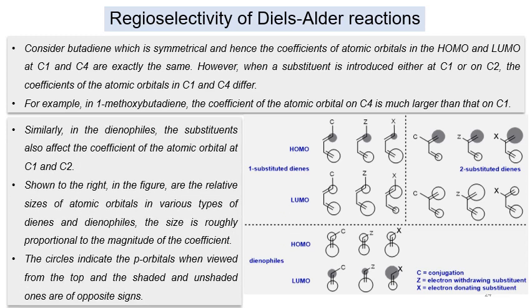Similarly, for the dienophile, the substituent will also affect the coefficient of the atomic orbital on C1 and C2. As you can see on this particular figure, these are the relative sizes of the atomic orbitals in a variety of dienes and dienophiles.